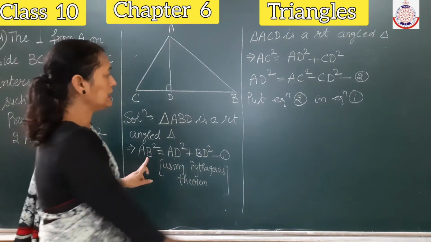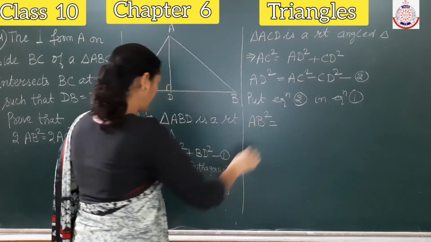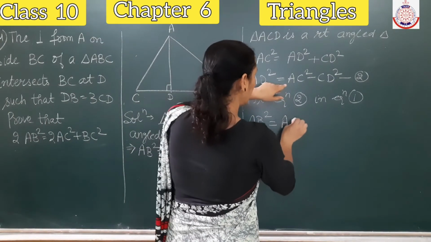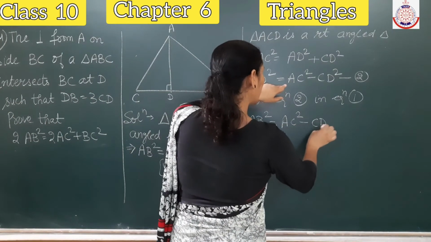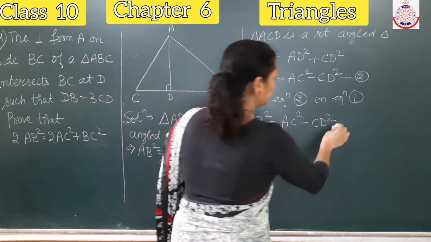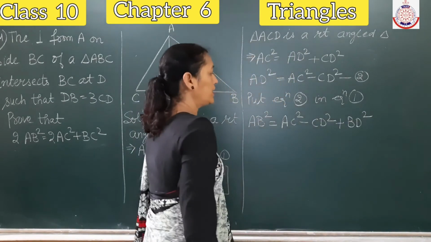By putting, I will be getting AB square equals to, in place of AD square we are writing AC square minus CD square, and BD square was there. This thing we have got.